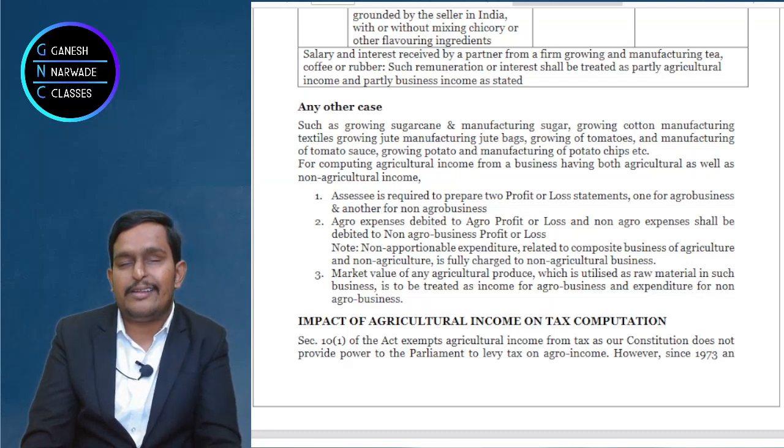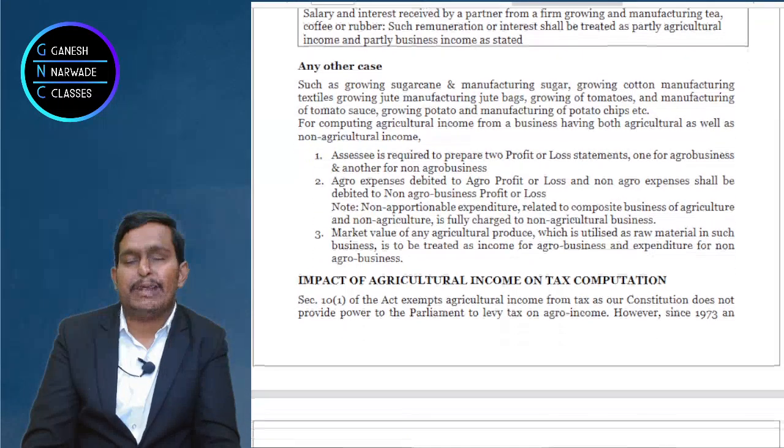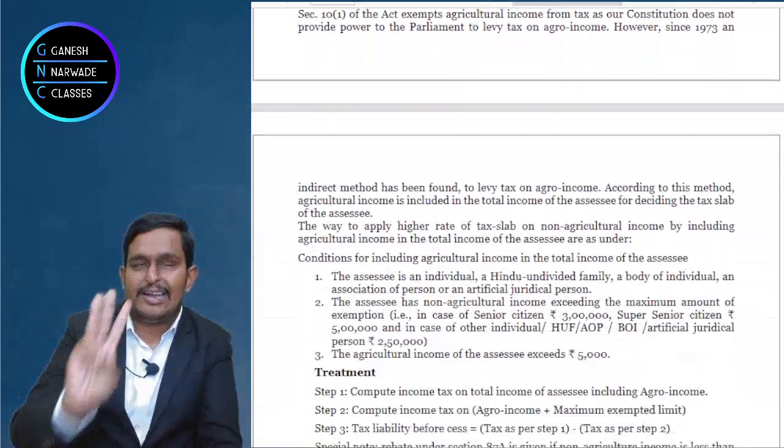The government tried to fill this gap in the year 1973. From that time, a 3-step formula for determining the tax liability was derived. But this 3-step formula is applicable to whom? Only if you satisfy 3 conditions.